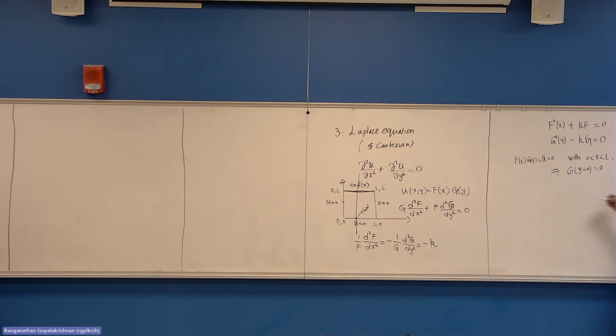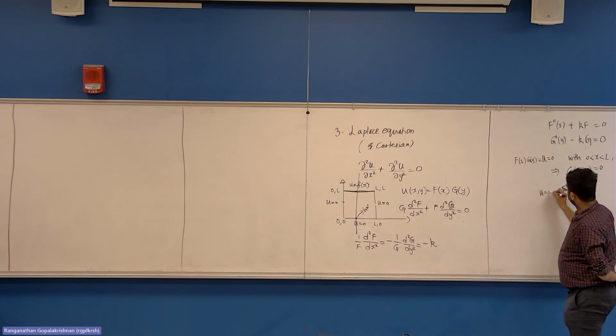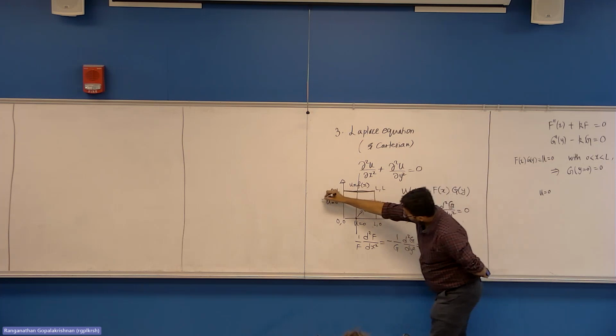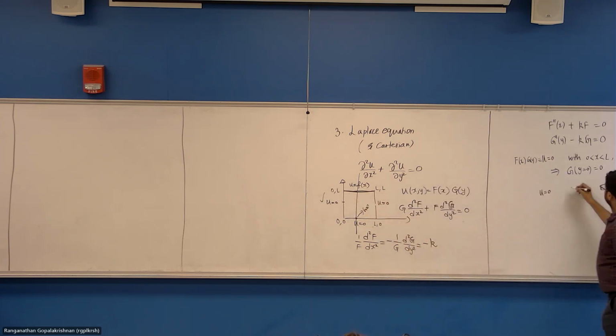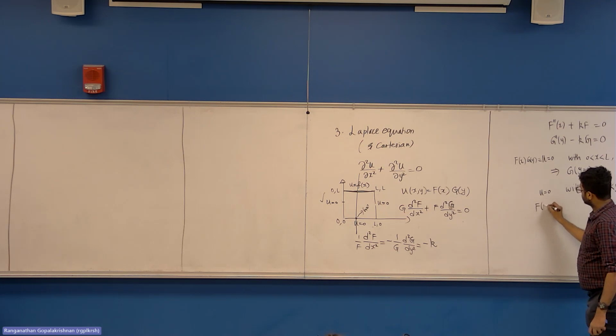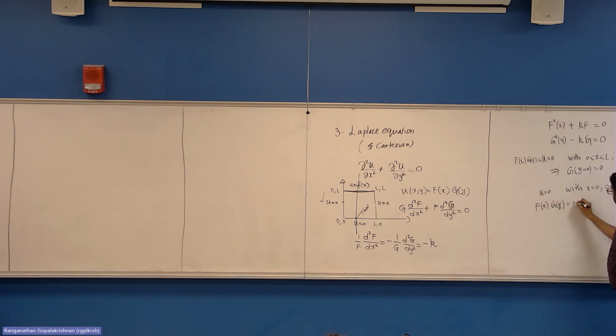Again, u equal to 0 on this face with x equal to 0 and 0 less than y less than L. What would that mean? f of 0 times g of y equal to 0.